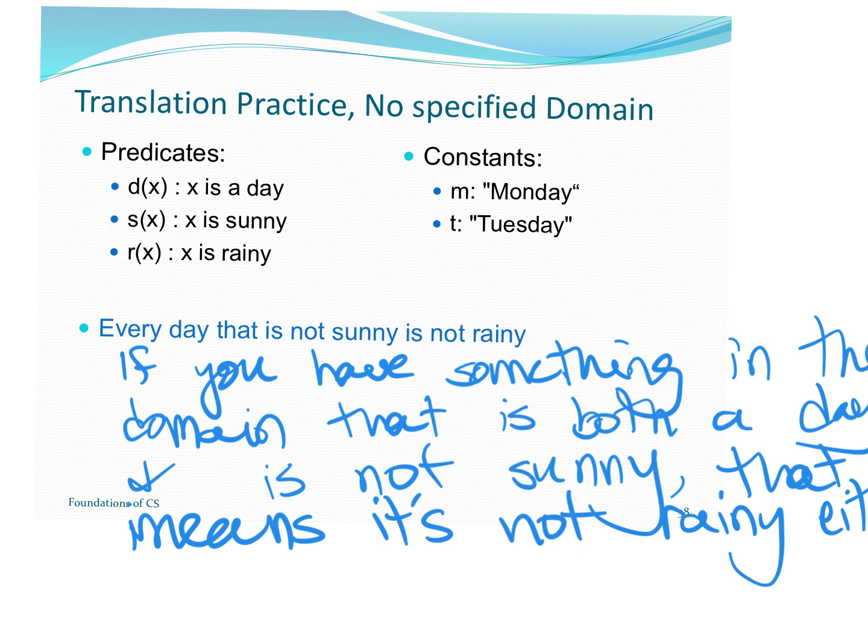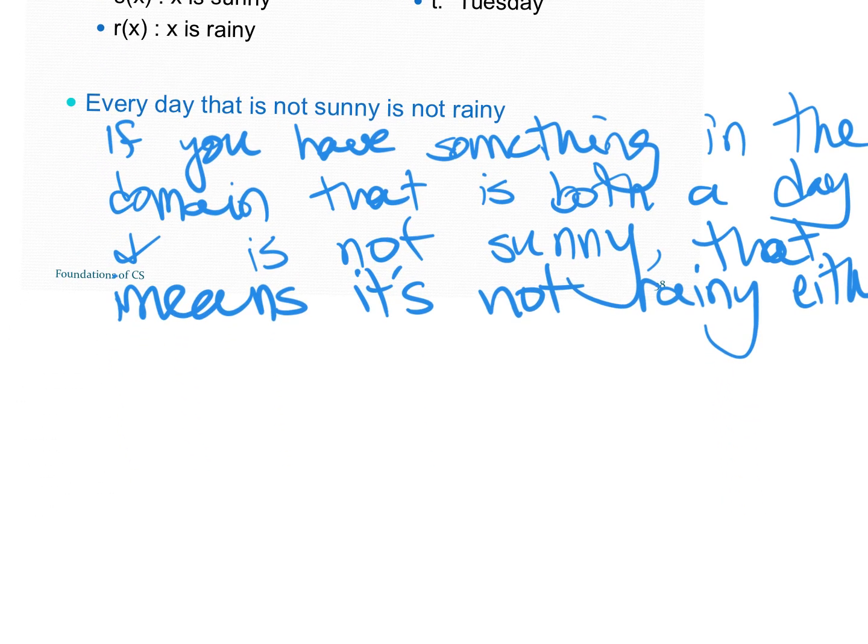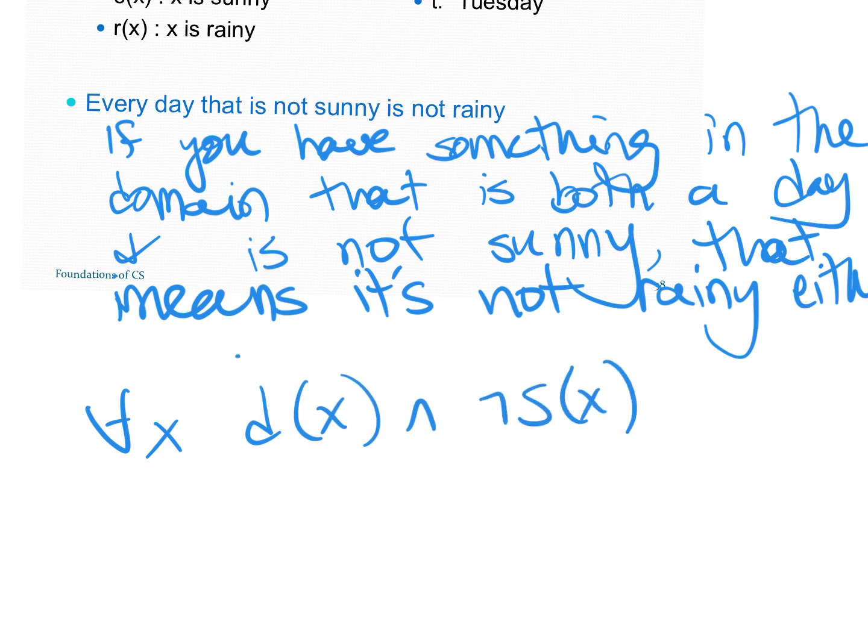every day that's not sunny is not rainy. So let's take a look. I have to say for all things, I'm going to call it x again, I'm getting boring. If x is a day and it's not sunny, not sunny of x, you have to have these things true before you can say it's not rainy.